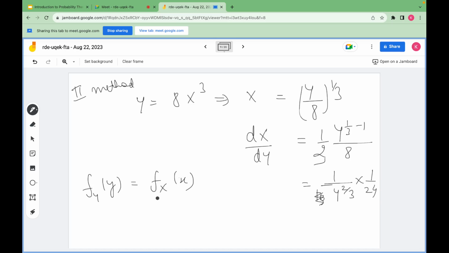So, check it again. Okay, it's plus 2 by 3. And this will be 8 to the power 1 by 3, which is nothing but 2. So this will be 6.